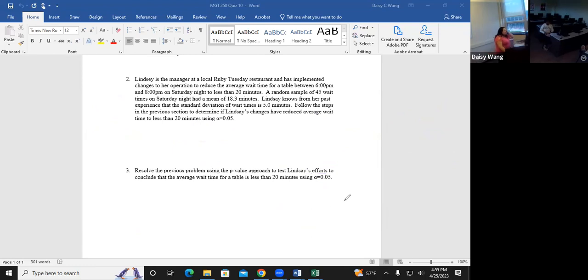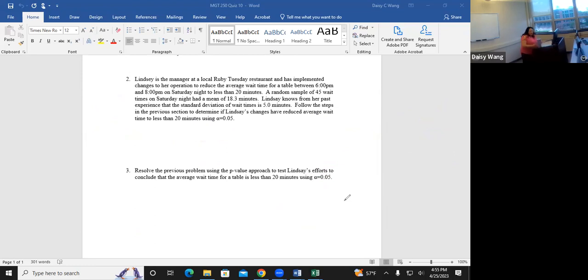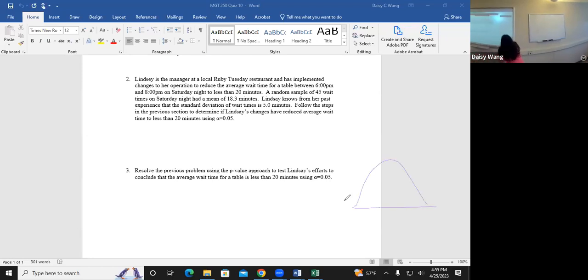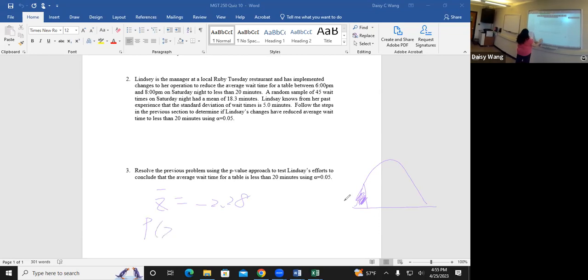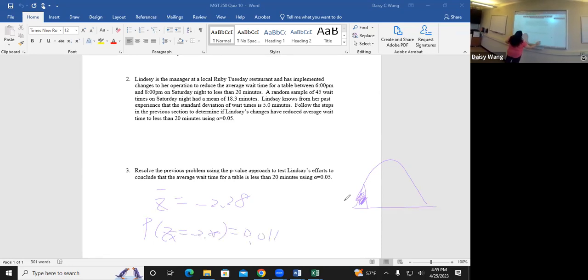So similar, same question, but instead of using the Z, now we use the P, okay? So we were calculating the Z, but now we calculate this area, the P value of the previous example. So the same thing, we already calculated Z equal to negative 2.28. So the proportion of Z equal to negative 2.28 will be 0.0113.